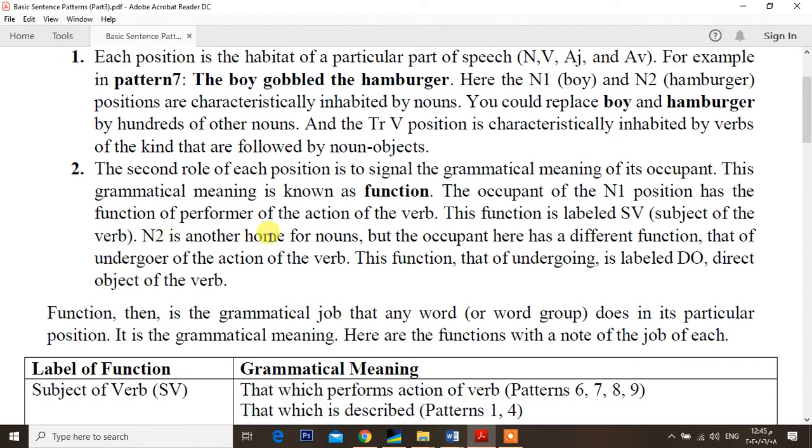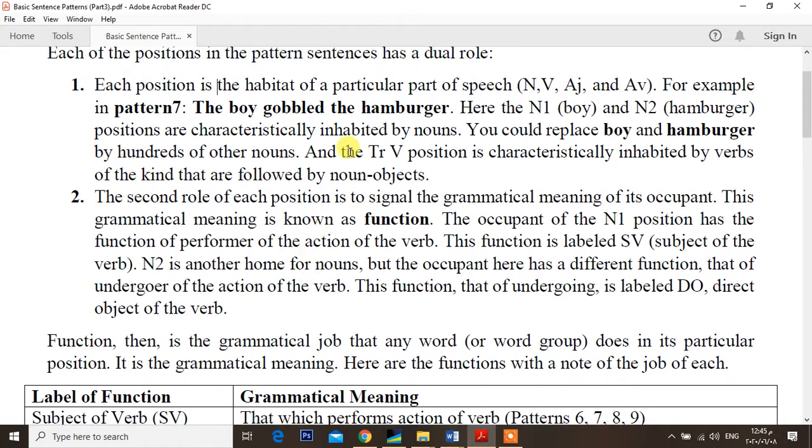N2 is another home for nouns, but the occupant here has a different function, that of undergoer of the action of the verb. So here the hamburger is the undergoer of the action of the verb, the thing that experienced the action, which is gobbled.